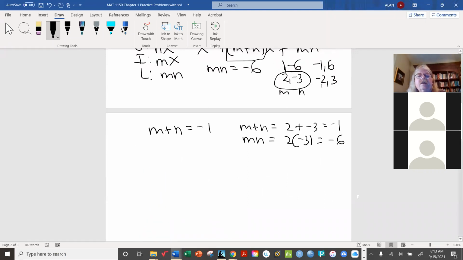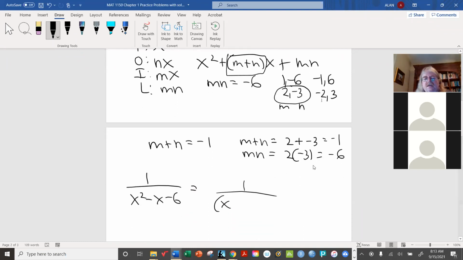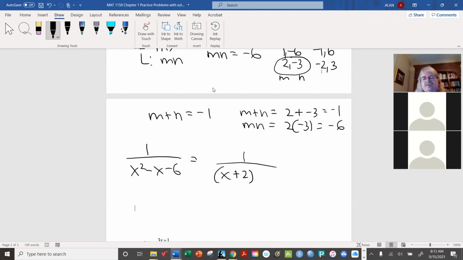All right, so we have 1 over x squared minus x minus 6 is the same thing as 1 over x plus m. Now remember, m is 2, and x plus n is negative 3. All right, this is the key to the whole thing right here.